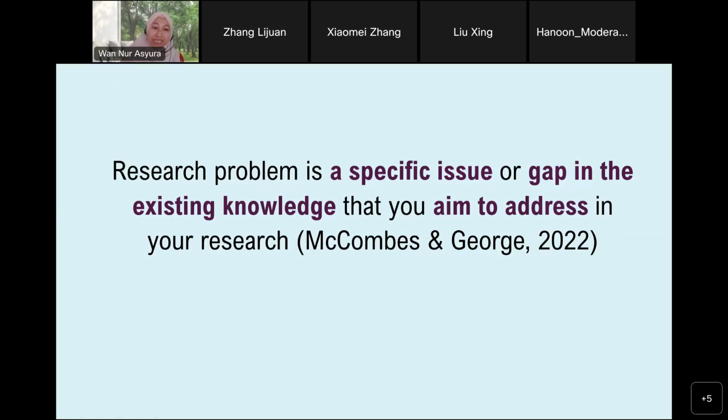Going back to the basics, a research problem is a specific issue or gap in the existing knowledge that you aim to address in your research. There could be more than one research problem, depending on what you are investigating and your field.